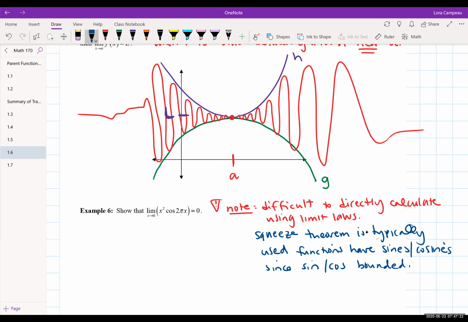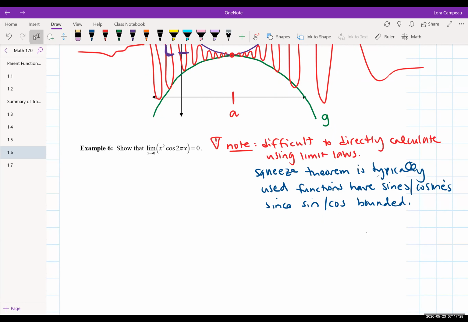So a little bit of a trick for you. I start off with the cosine part itself, or the sine, depending on what trig function we're looking at. It could help us if we play with just the trig function part. I'll write this in blue. So I have cosine of 2 pi x.